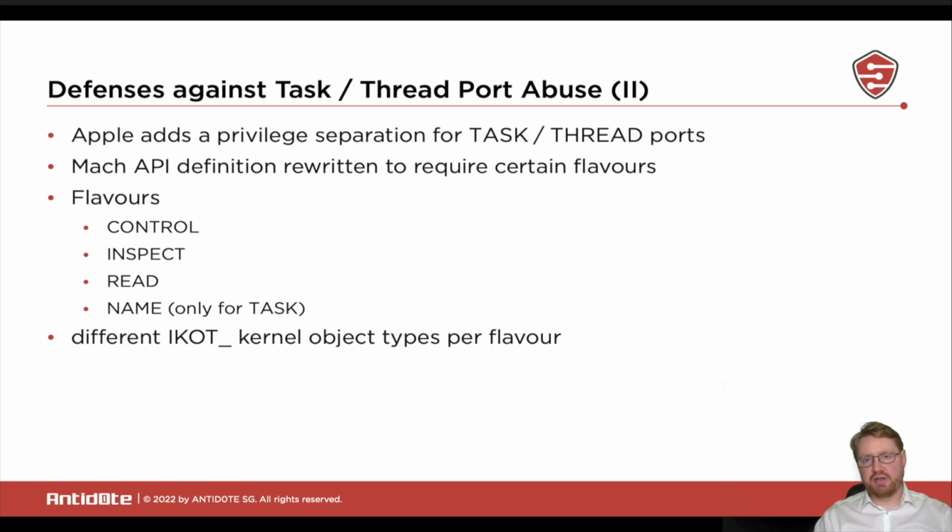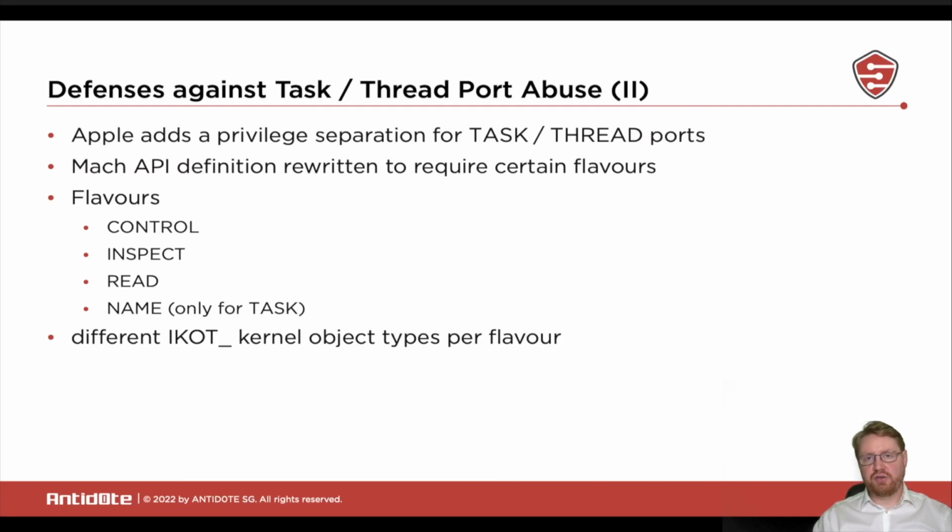Depending on what flavor a task or thread port is, it can be used with different Mach API, and so lower privileged Mach API does not need a task control port. So that means there can be relaxed security on this compared to a task control port that would give you access to the whole task memory, read and write and stuff like that. So the flavors they invented are basically control, inspect, read, and in case of task ports they also have a name.